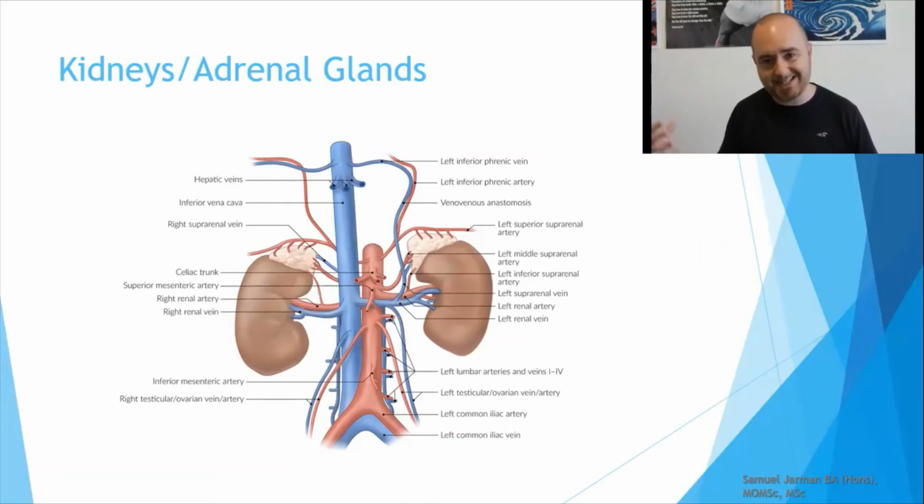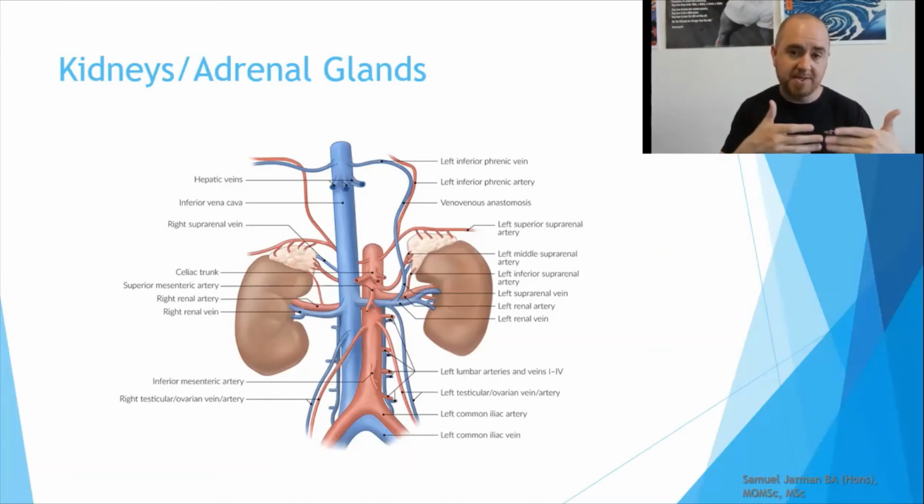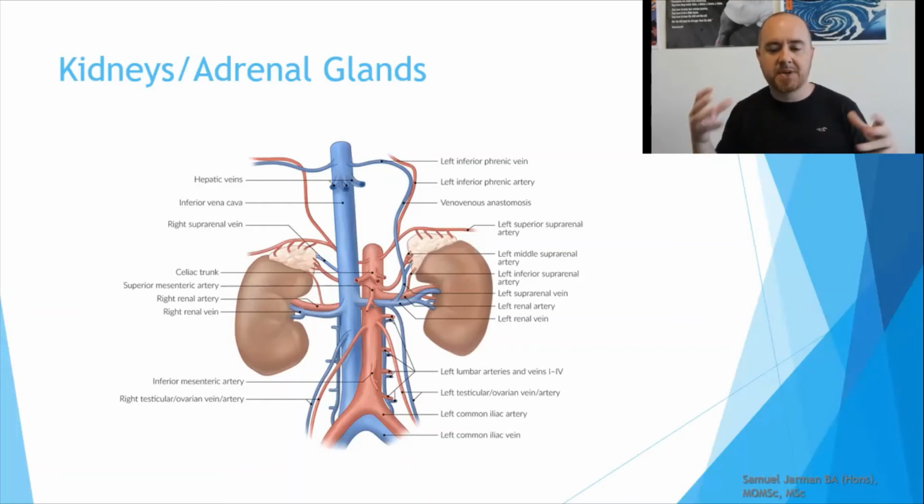The venous system here does empty directly into the inferior vena cava. So the renal veins do go into the inferior vena cava, so they don't necessarily go to the liver first. So all of the gut, right? The foregut, the midgut, and the hindgut go through the portal system, whereas the kidneys will go directly into the inferior vena cava. So there is a different route there, but you can at least consider that both the kidneys and the liver have functions as filters.